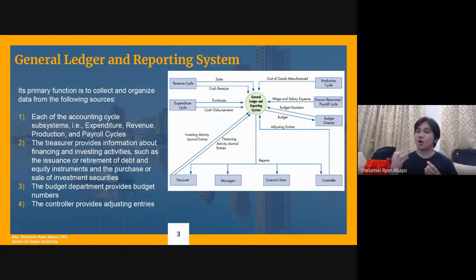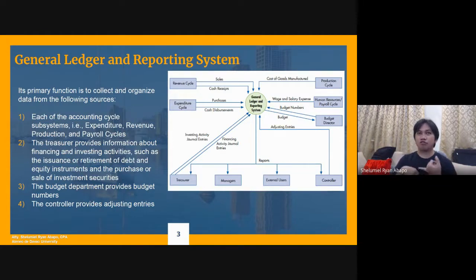They are not related to the ordinary course of trade or business. They happen sometimes: this year, none; probably next year, there will be. So these are non-recurring. Nonetheless, these transactions result in journal entries. And therefore, the treasurer office is also another source of data that is reflected in your general ledger.